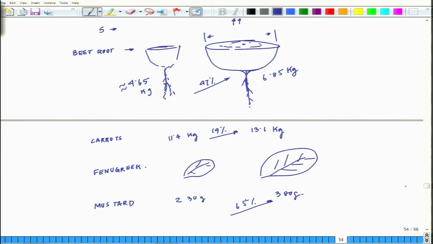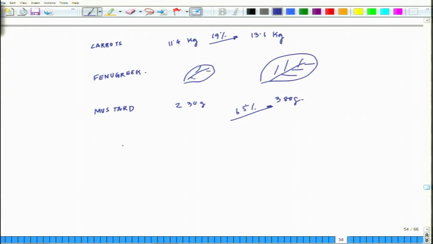Similarly, in the case of sesame, we observe a higher production of sesamum, which is another oil seed, and similarly in the case of alfalfa, which is a fodder crop, there is a higher increase.